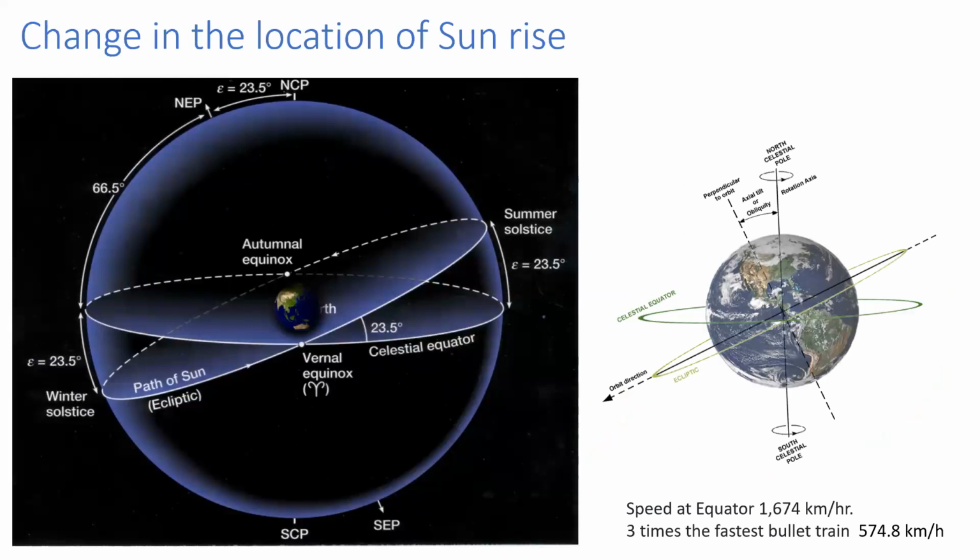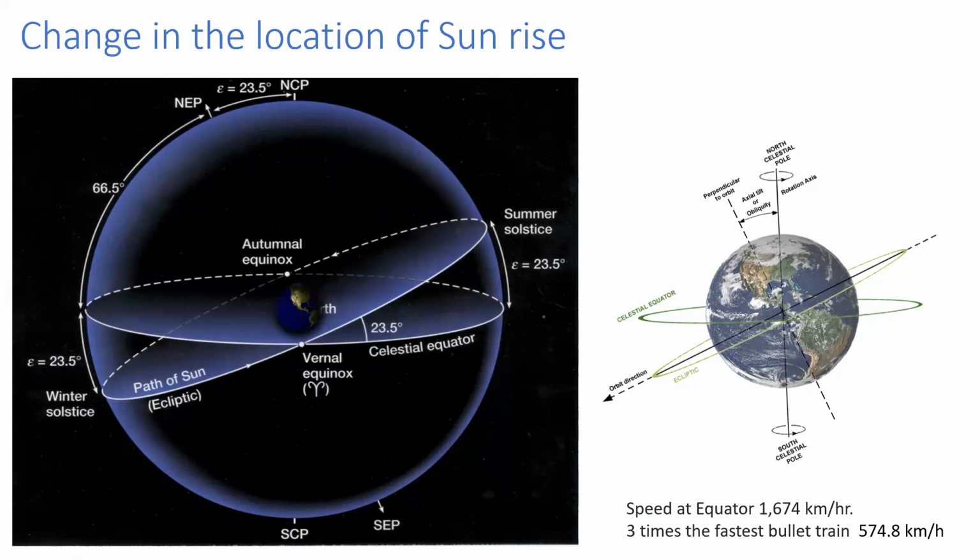So this is one idea of how to simply understand this. Suppose the Earth is not moving, just for understanding, and the sun is moving. And let us say the Earth is also not tilted, it is just rotating.